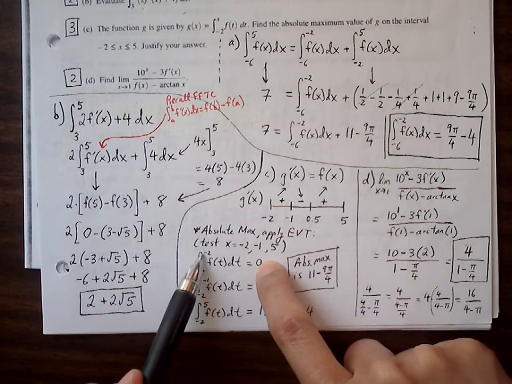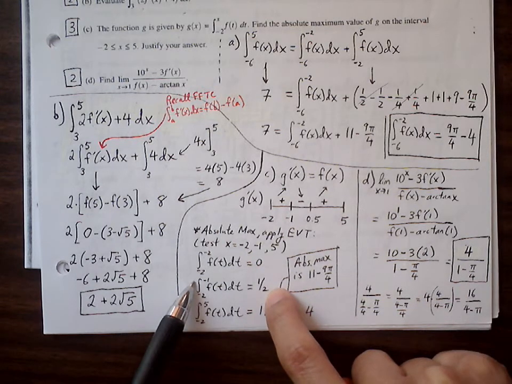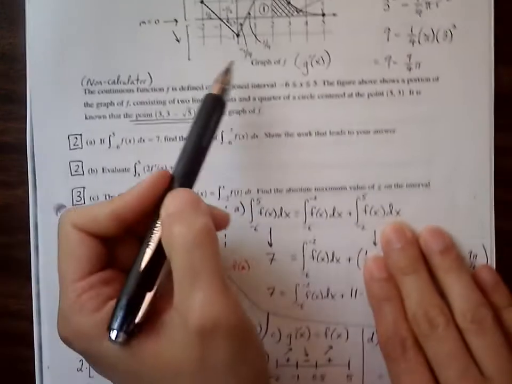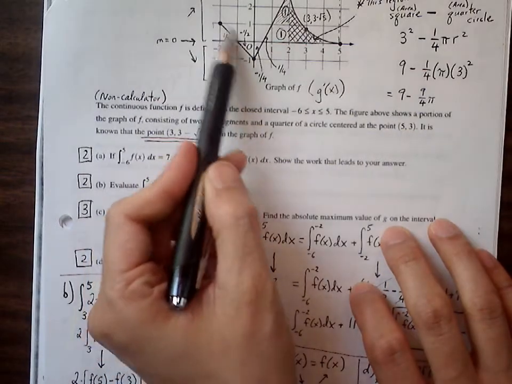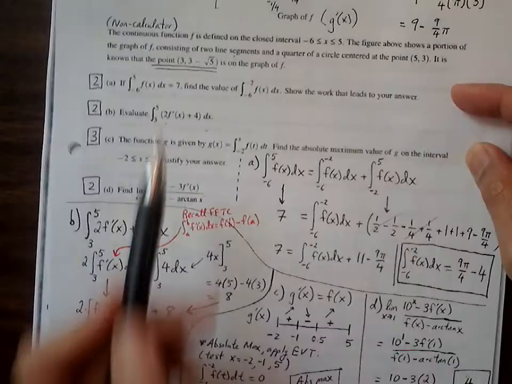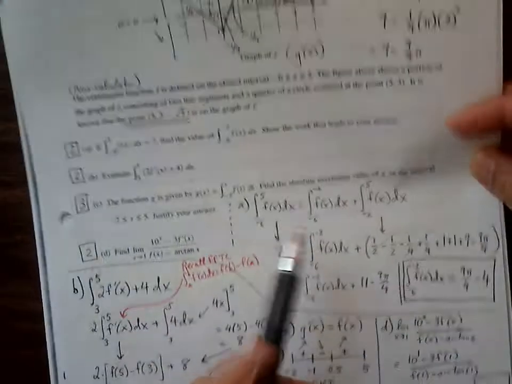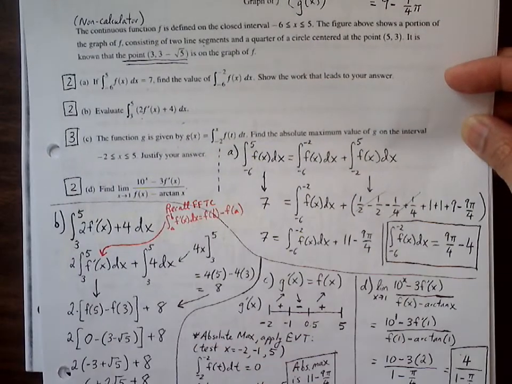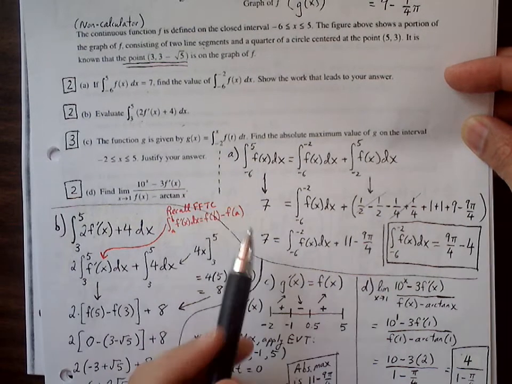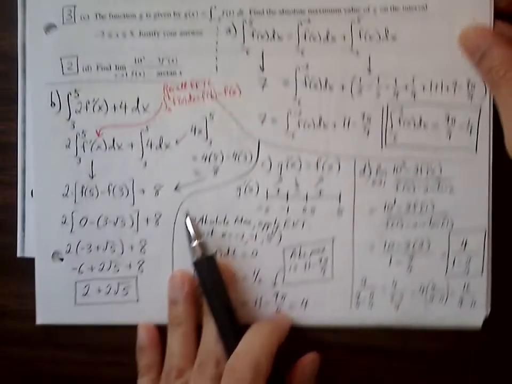Anytime the bounds are matching, we know that area is just going to be 0. So the integral from -2 to -1, that's a positive 1/2. So we can put 1/2 in for that. And then the integral from -2 to 5, we gathered that information from before, right? That definite integral from -2 to 5 is going to be 11 minus pi over 4.